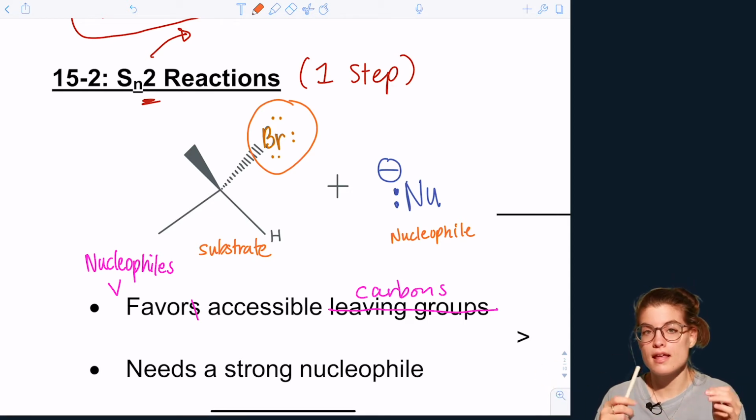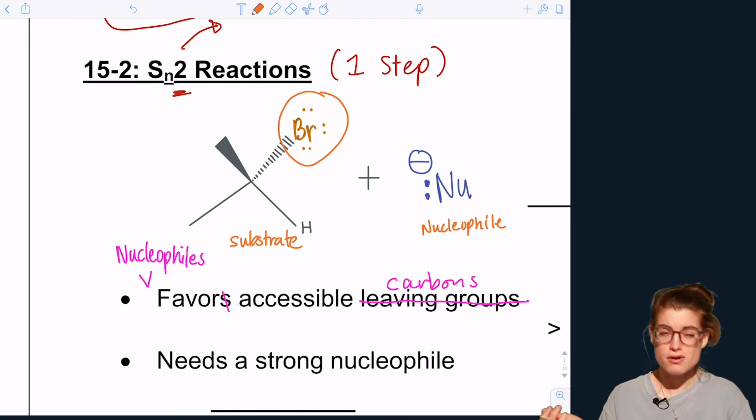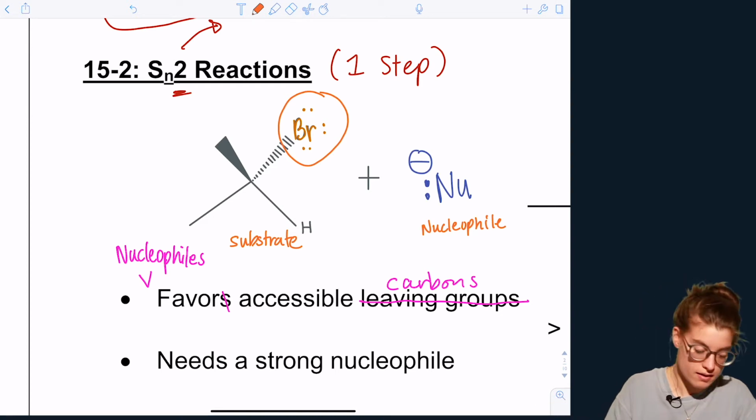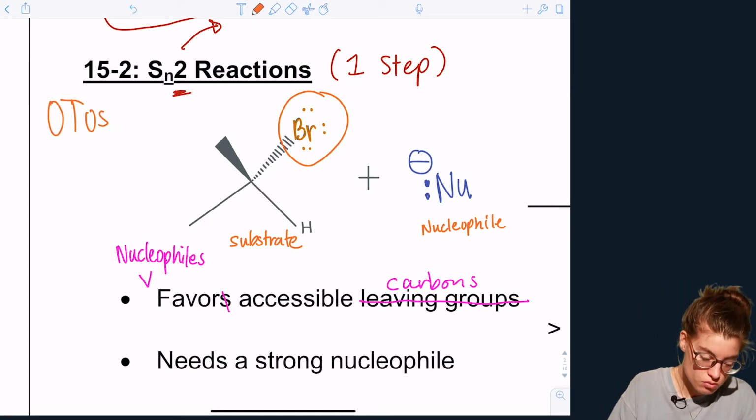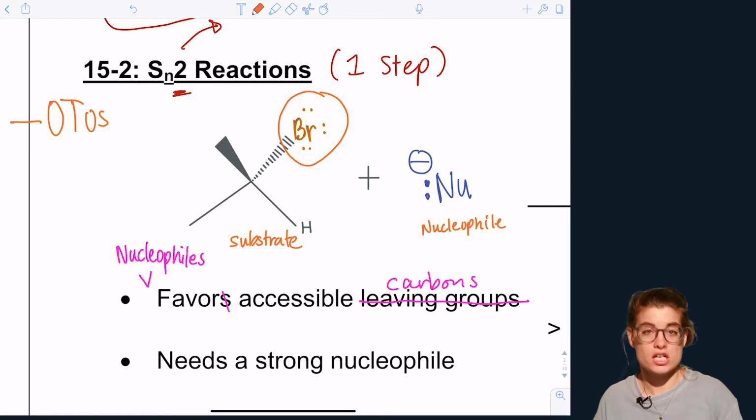But there are other leaving groups as well that aren't halogens, okay? One pretty common one that a lot of professors like is this OTos group, okay? That's just an awesome leaving group. And if you Google what it looks like, you can see why. It's because it has a lot of resonance. Once it leaves, it has a lot of resonance.